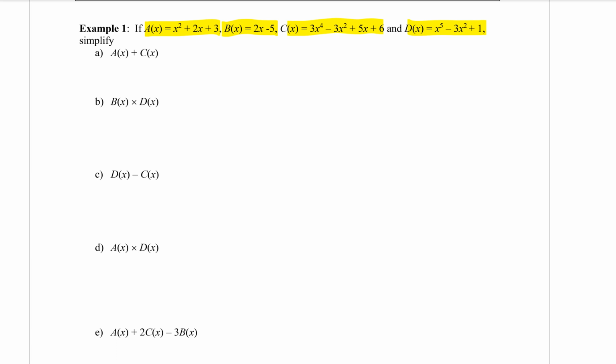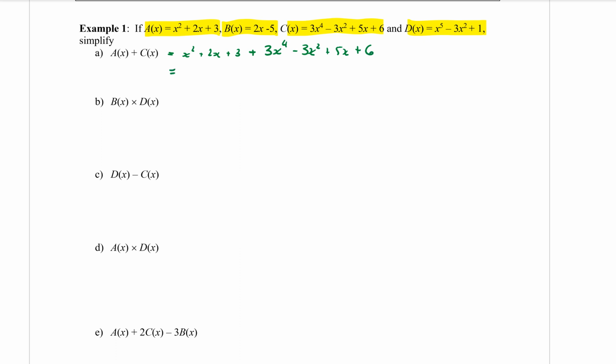So a of x first was x squared plus 2x plus 3. You can put it in brackets if you want to, but you don't need them for adding. And then I want to add to that c of x, which is 3x to the power of 4 minus 3x squared plus 5x plus 6.